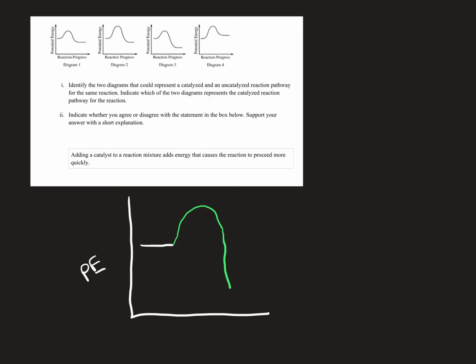But the hump, if I just over exaggerate in this case, what we look at is this is the reaction progress. So that means right here we have our reactants, and here we have our product. What this hump actually represents is what's known as the activation energy.